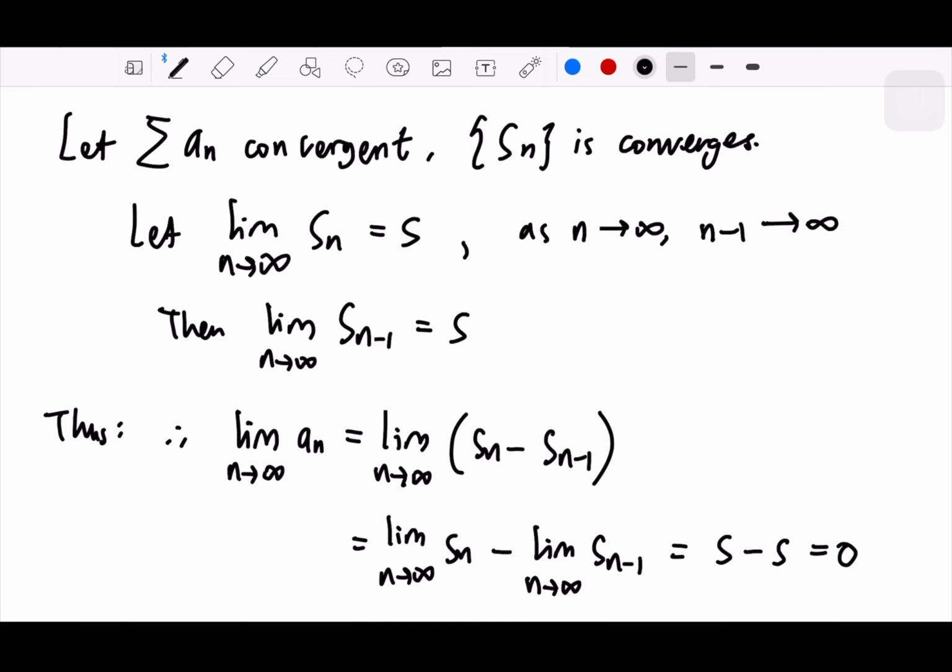Now from this proof, where we have a series, the series an, actually we have at least two components. The first component is Sn, a sequence of Sn. The second component is the sequence itself, the an.